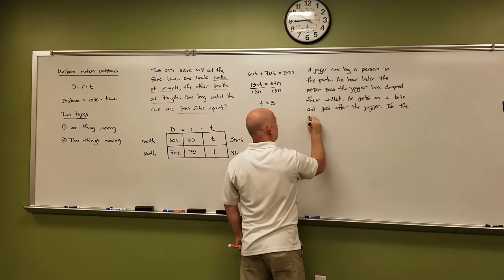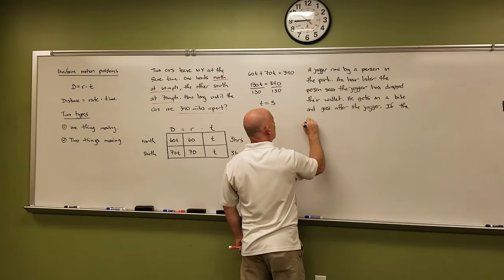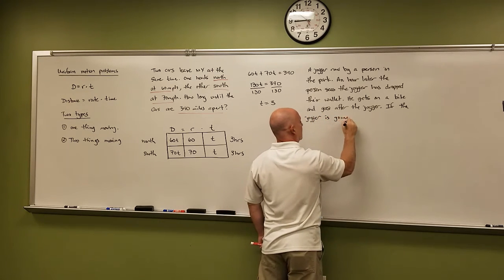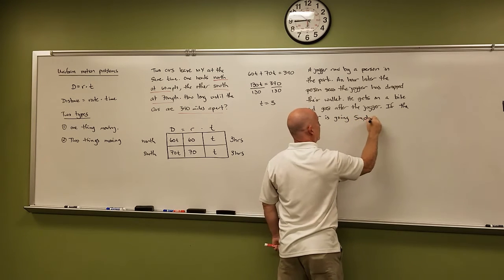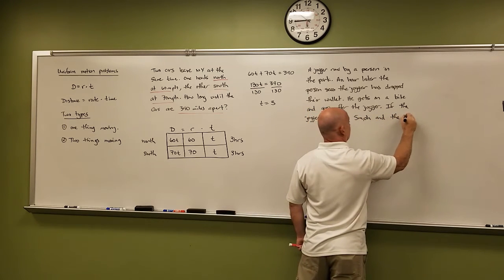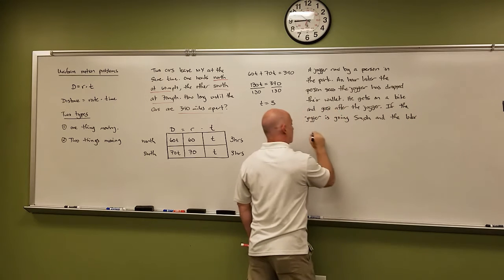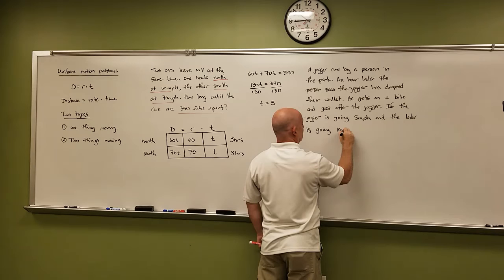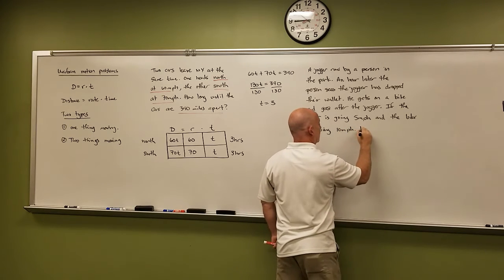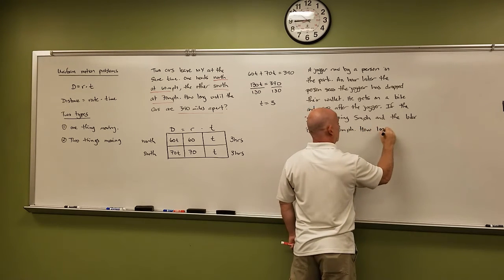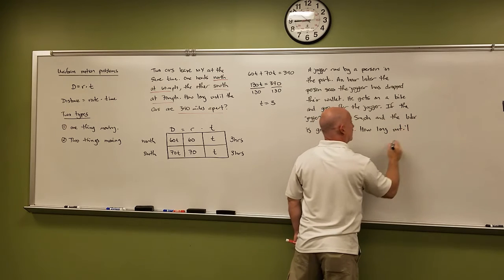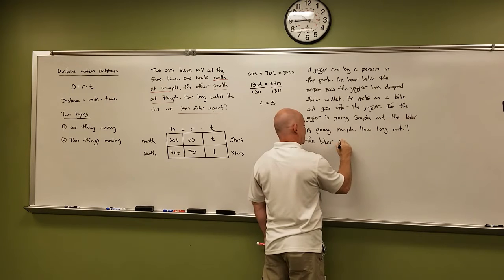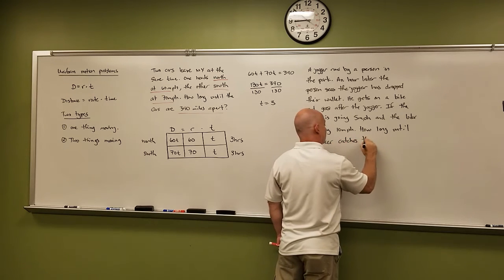If the jogger is going 5 miles per hour and, let's say, the biker is going 10 miles per hour, how long until the biker catches the jogger?